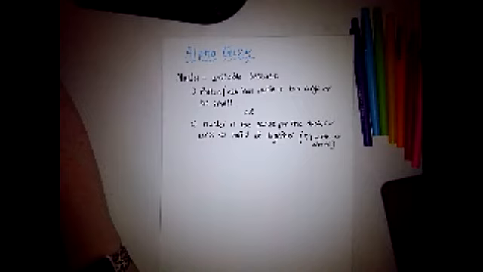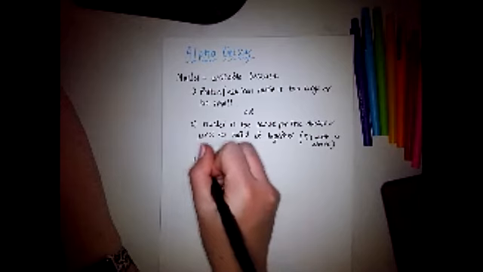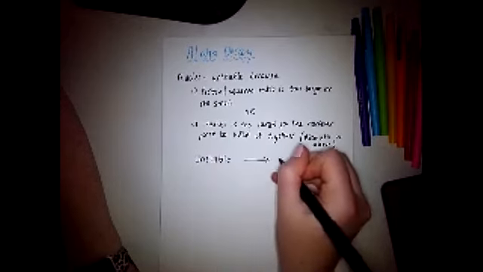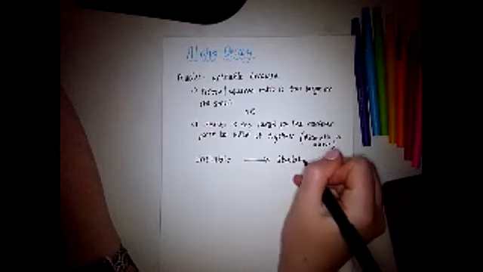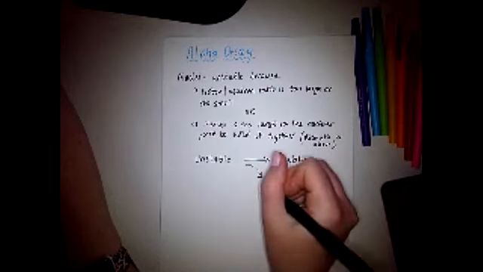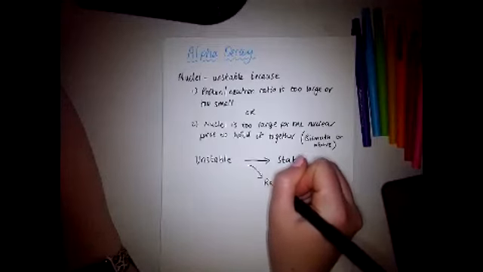So now we're going to look at what happens when unstable elements want to become stable. When something is unstable and it wants to become stable, it starts to give out radiation. So to go from unstable to stable, we start to give out some radiation.